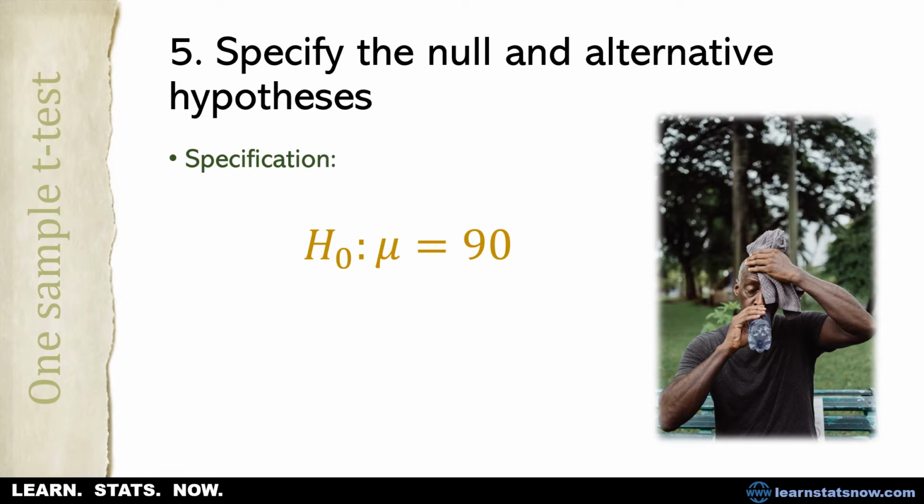And what we're saying is that September temperatures, all of them, were equal to the historical average. So the mu of those September temperatures equaled 90, which was the mu of the historical average. Now the alternative hypothesis is that the mu does not equal 90. Okay, so the sample is representing a population that looks different than the historical average.